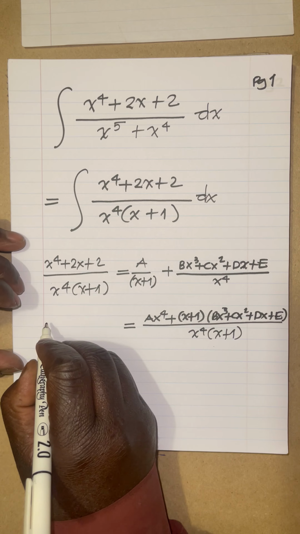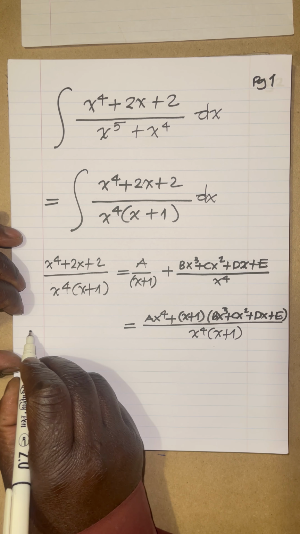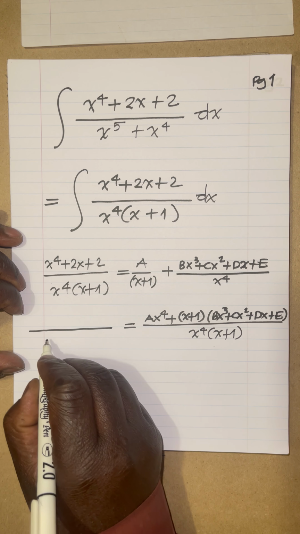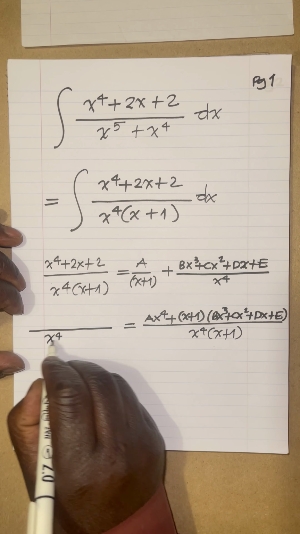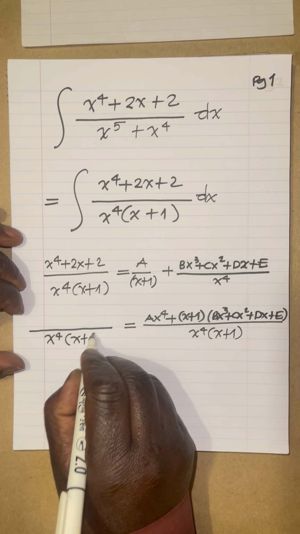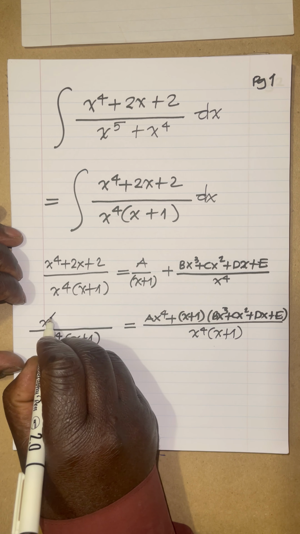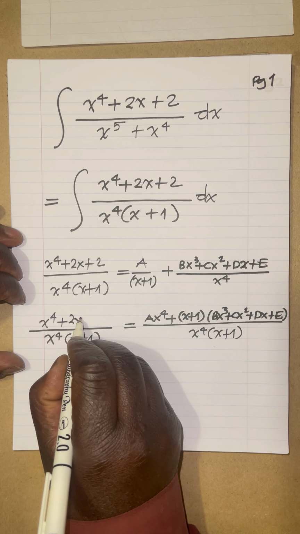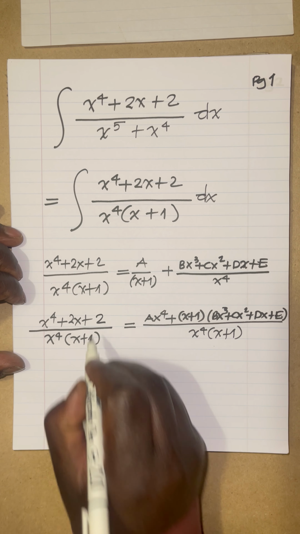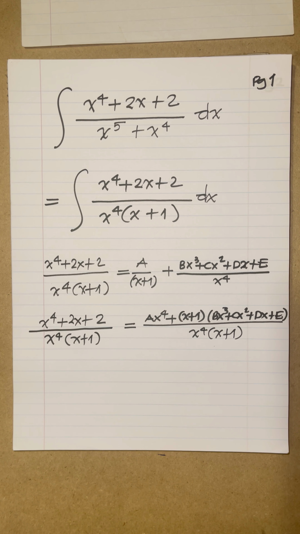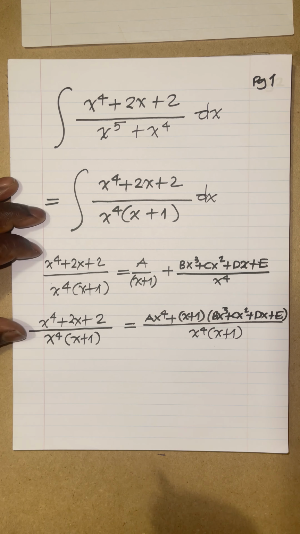On the left hand side we have x^4(x + 1) in the denominator, and the numerator is x^4 + 2x + 2. Now these are two fractions that are equal. Denominators are equal, therefore numerators must also be equal.